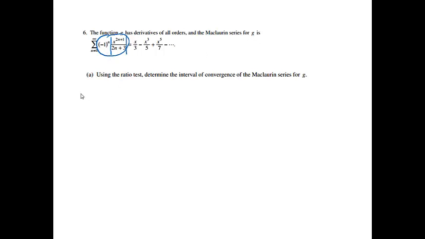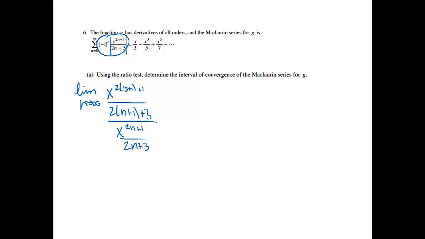So when we use the ratio test, we're going to be finding the limit as n approaches infinity of x to the 2n plus 1 over 2n plus 1 plus 3 divided by, adding 1 to my n's, a sub n plus 1 over a sub n, over 2n plus 3. So if I simplify that, this is going to end up being x to the 2n plus 2 plus 1, so plus 3, over 2n plus 5.